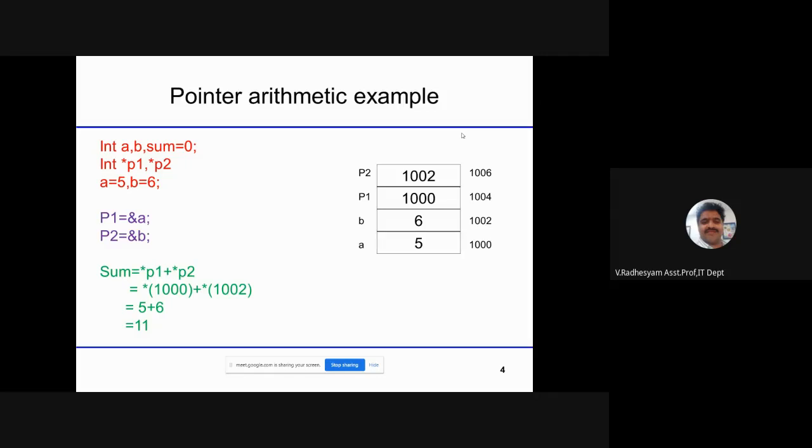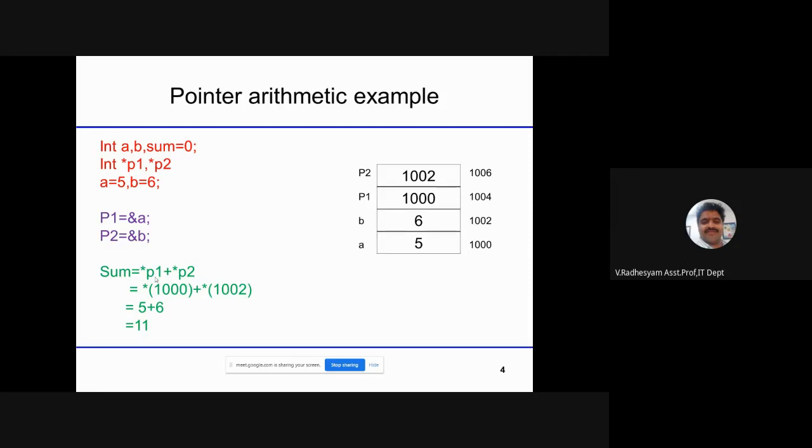Okay. Now, what is this? Sum is equal to star P1 plus star P2. That is star of P1, meaning 1000, plus star of P2, meaning 1002. What does this mean? What is a star actually?